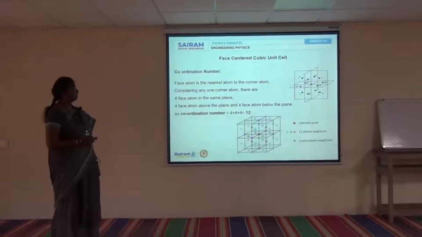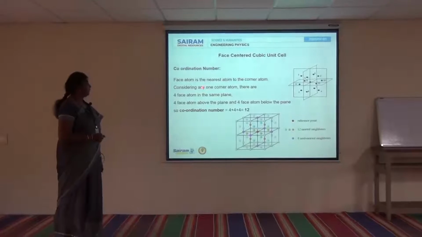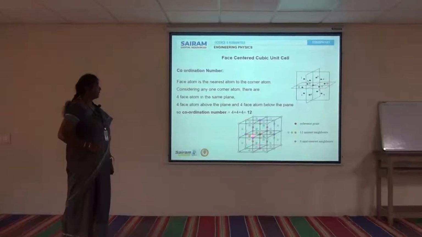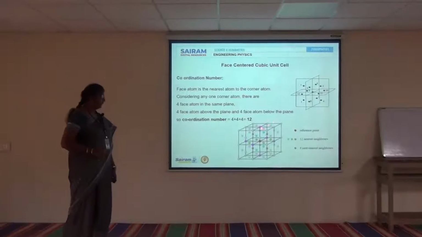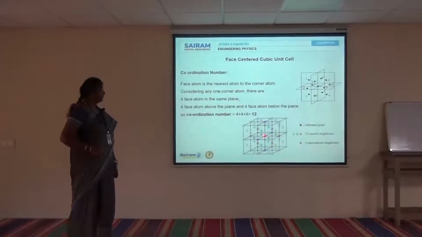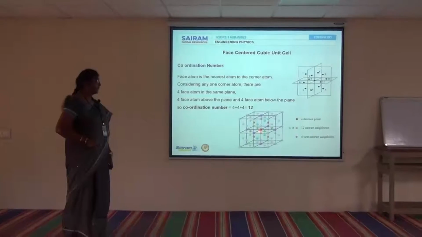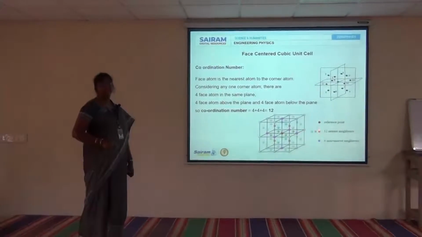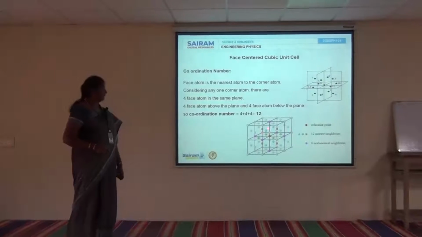And next is coordination number. So we know what coordination number is. To find the coordination number, I have drawn 8 unit cells. The reference atom I have shown as a red atom. This red reference atom is a corner atom. For this corner atom, the face-centered atoms are the nearest neighboring atoms.